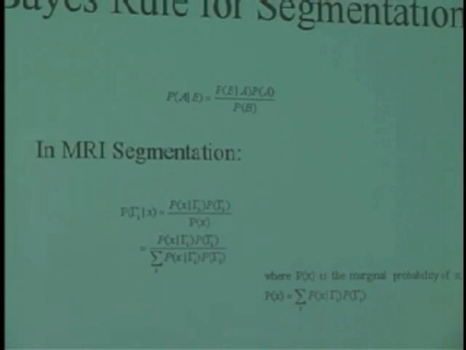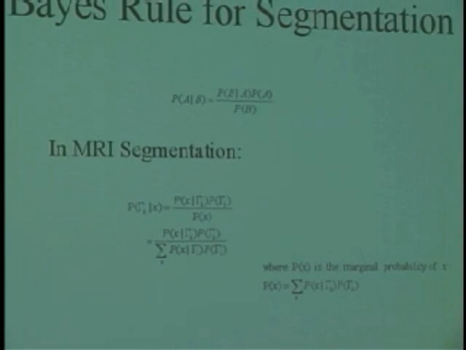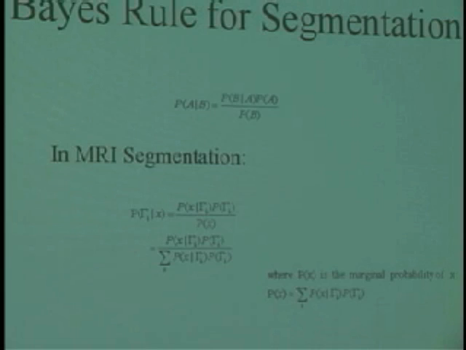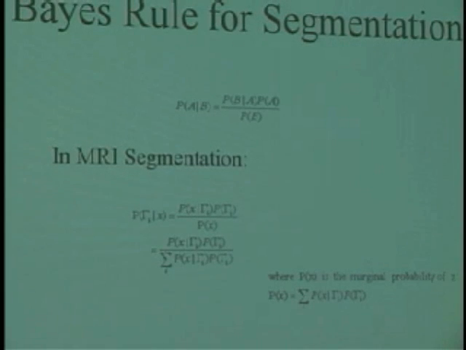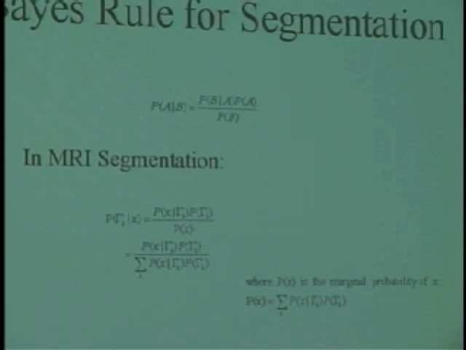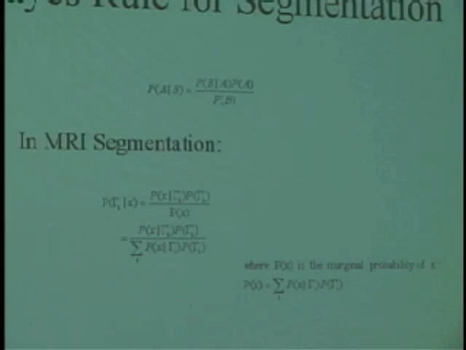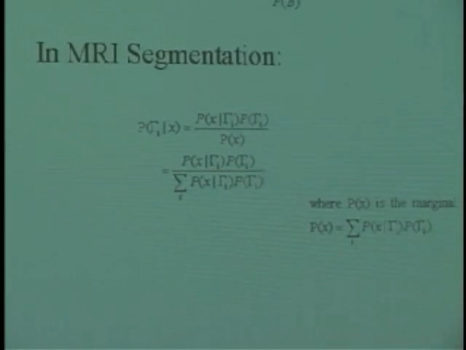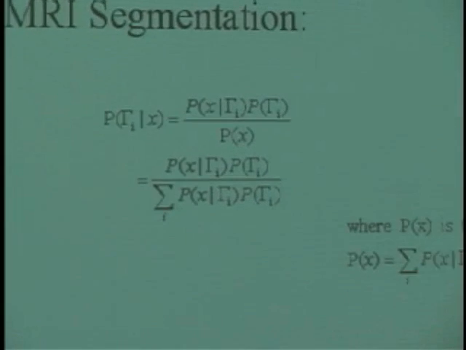Sorry about the font. I was trying to make this bold and larger, but couldn't. These are the equations you need to pay attention to because we're going to be coding these up in our problem set.